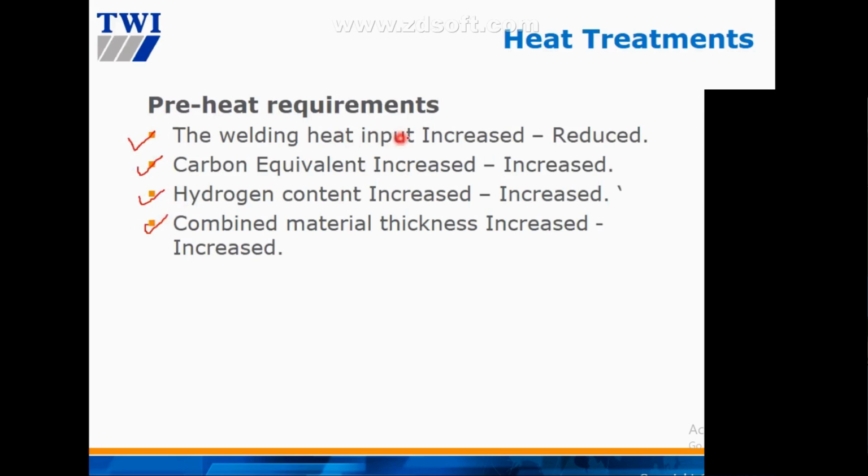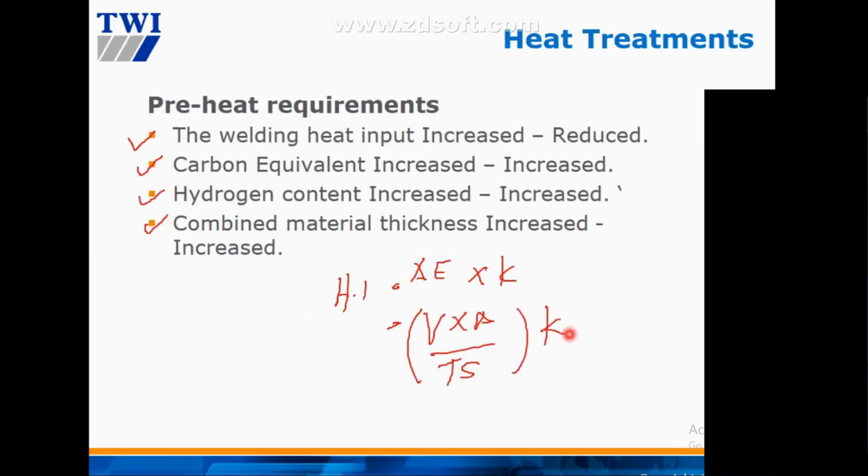So heat input increase here. We get it from the heat input formula. Heat input equals arc energy times K factor, where arc energy equals volts times amps divided by travel speed. And then we multiply by the K factor here. So how to get heat input to increase?